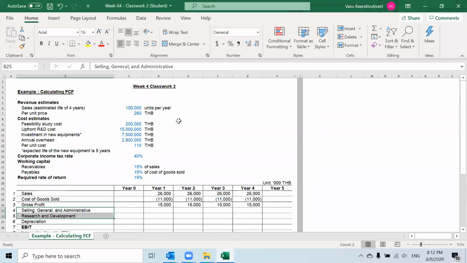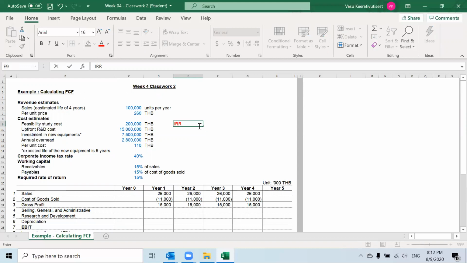As I mentioned in class, we have relevant costs and irrelevant costs. So the feasibility study is irrelevant. Upfront R&D: if you see the word R&D, it means that if you make a decision to go on with the project, this is your upfront cost.